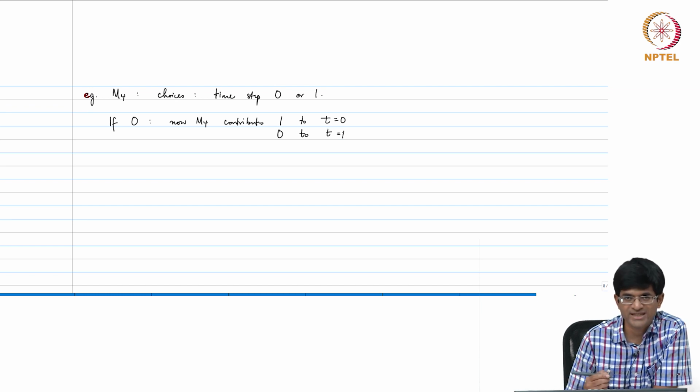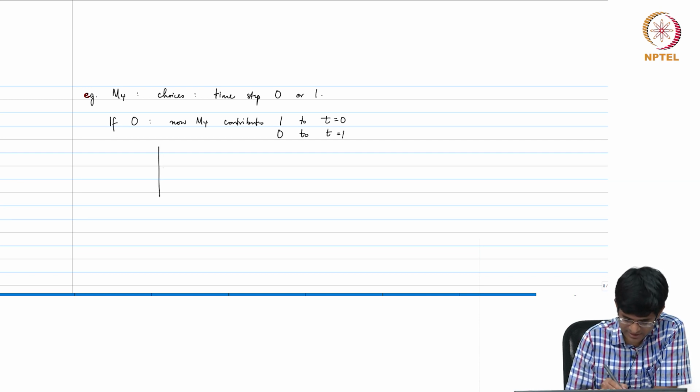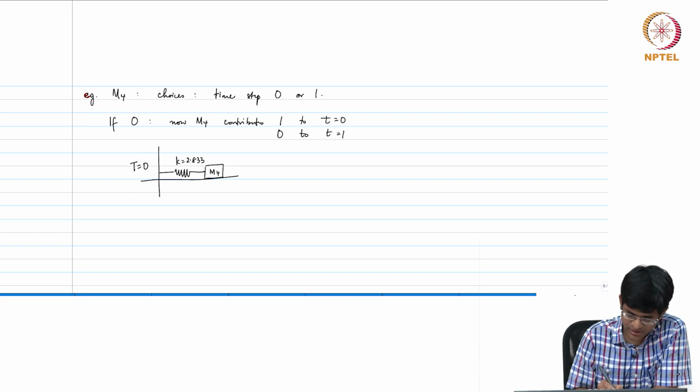So, effectively there is a change in the distribution graph. Instead of that, the way that we think about it is, we say that there was a spring with k equal to 2.833 and this is M4, which is basically trying to come in here and is getting pushed back by a force F is equal to k times x.